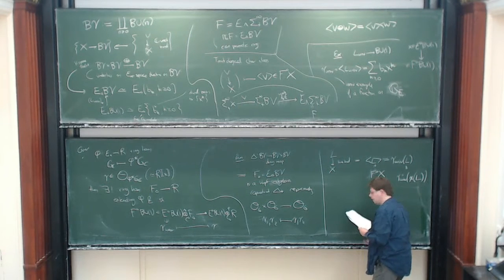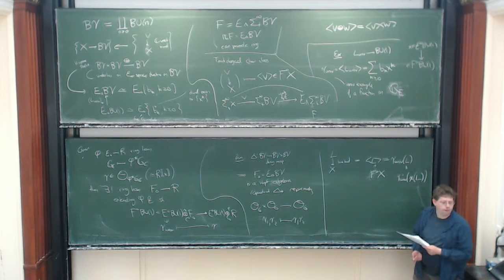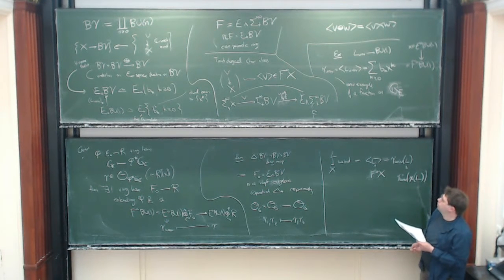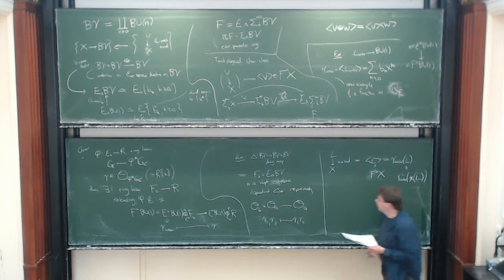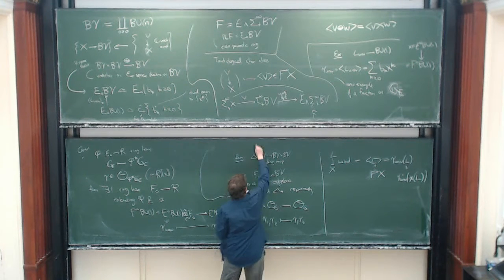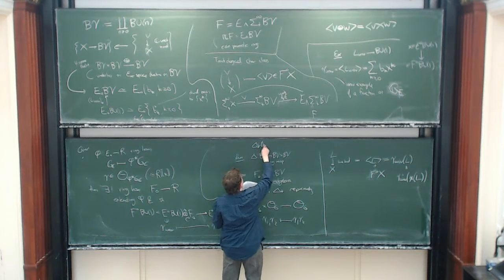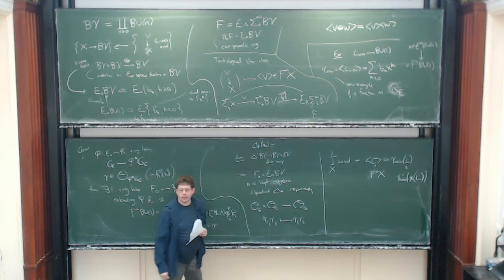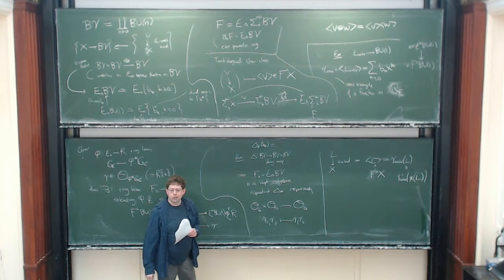Are these BKs group-like or primitive? They're elements, and there's a coproduct. I didn't write down the coproduct, but I could. Here it is, delta star. Everybody knows this, right? What's the coproduct? It's the sum of BI tensor BJ.